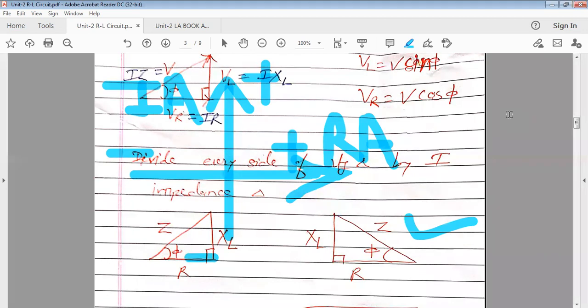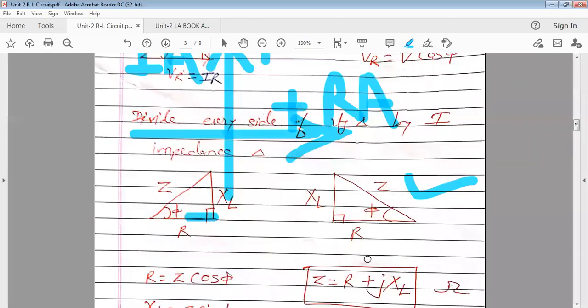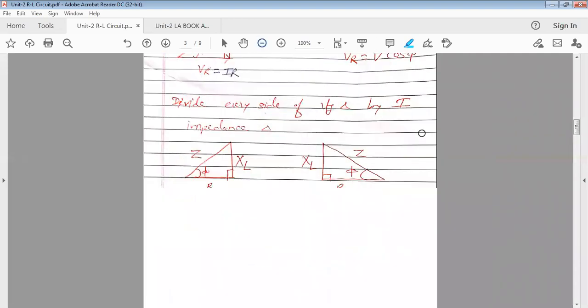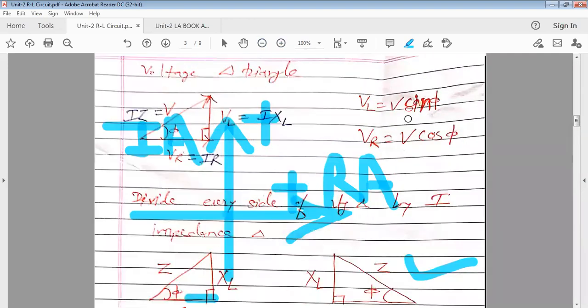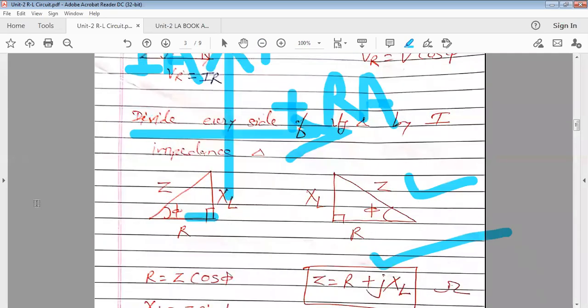So you can write Z is equal to R plus jXL. If you remember, I told you that for a purely inductive circuit, Z is plus jXL. Why is it plus jXL?